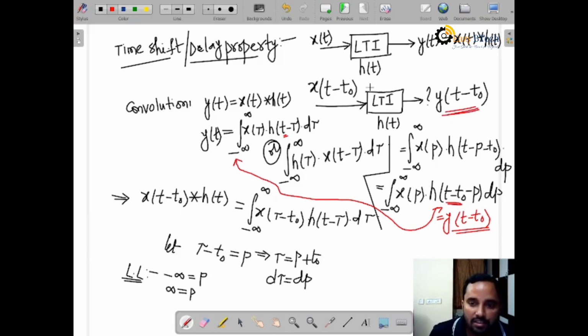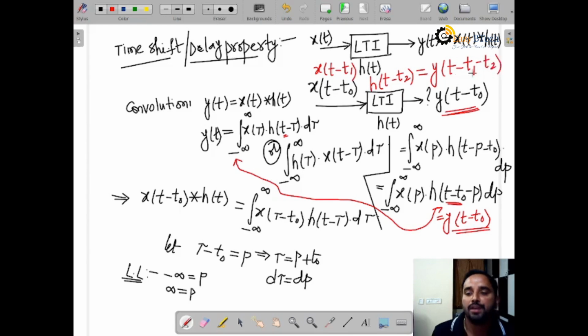Similarly, here x of t minus t1, the input signal is delayed by t1, and the impulse response is also delayed by t2. This is the case now. X of t minus t1 convolution h of t minus t2. What is the output? The output will become y of t minus t1 minus t2.